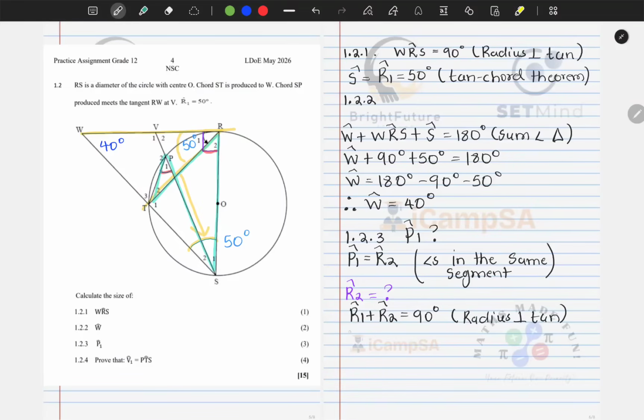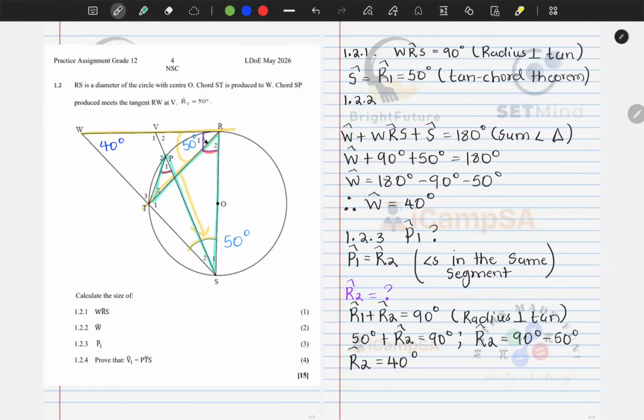But we were given R1, so R1 was 50. So your 50 degrees plus R2 equals 90 degrees, which means your R2 is the same as 90 degrees minus 50 degrees, which then gives you your angle R2 to be equal to 40 degrees.